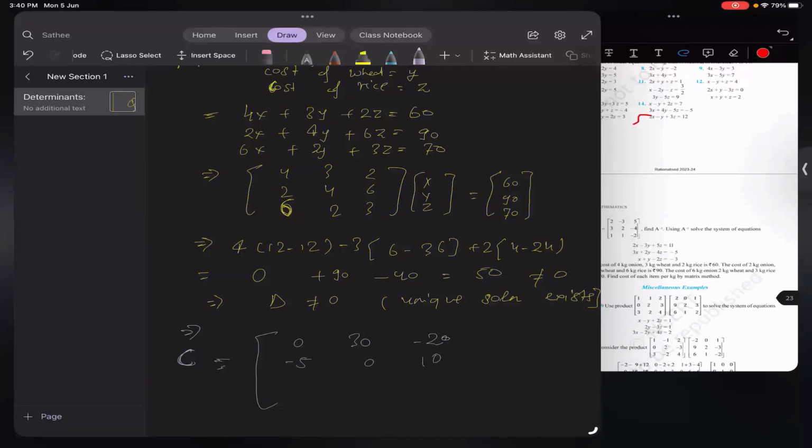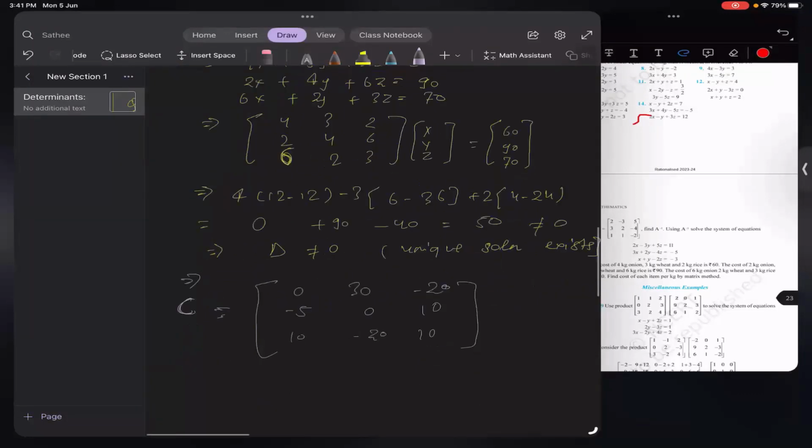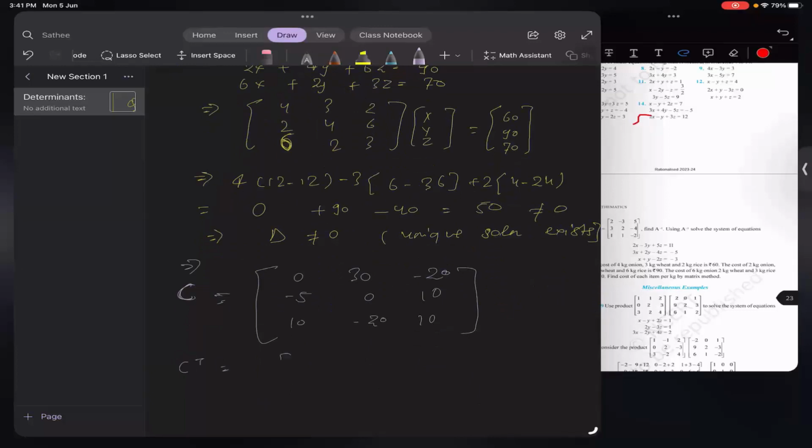This would be 10, minus 20, and this would be 10. Okay. So our adjoint matrix would be the transpose of this matrix. So this would be 0, minus 5, this should be 10, and this should be 30, 0, minus 20, and this should be minus 20, 10, and this should be again 10.